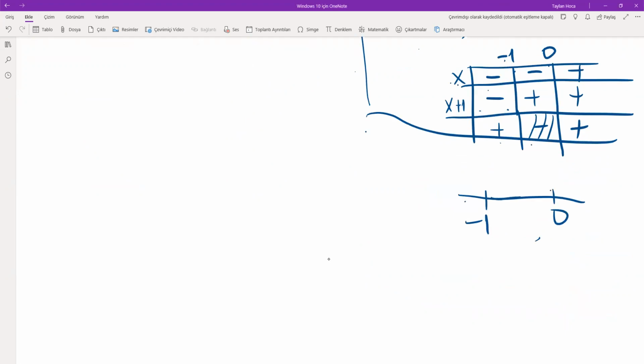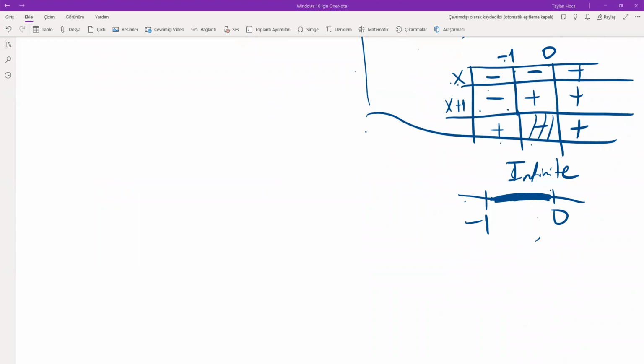We have minus 1 and 0. How many real numbers do we have here? Victoria? Infinite. Infinite. And know that between any two real numbers, we have infinitely many real numbers. Know that as well.